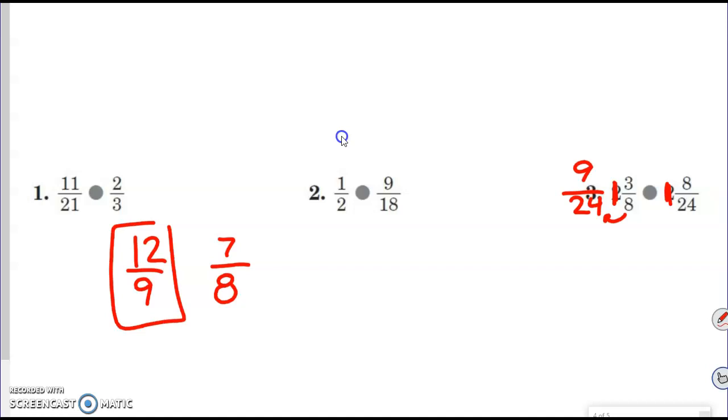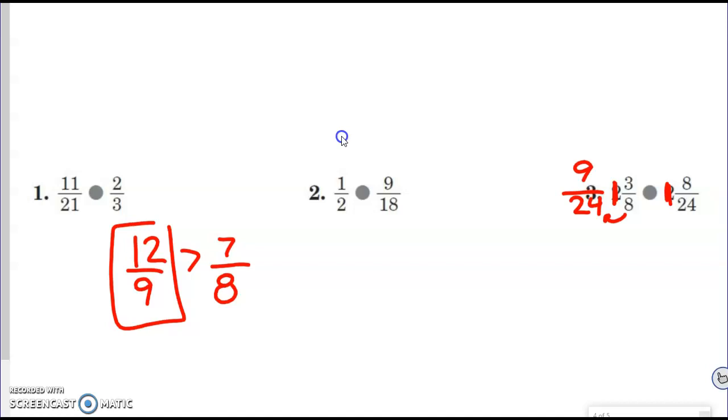That means it's over 1. So it's automatically going to be greater than 7/8, which isn't even 1. So pay attention to improper fractions. There could be cases where you need to convert an improper fraction to a mixed number before you compare, or maybe you need to change a mixed number to an improper fraction before you compare.